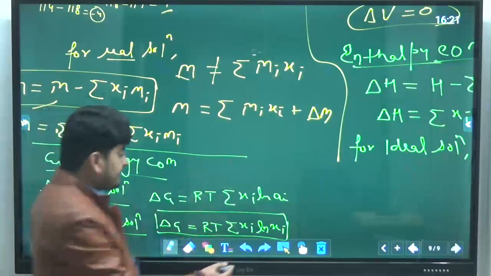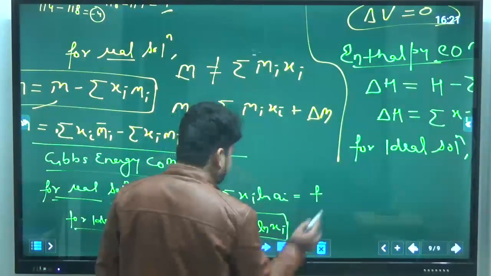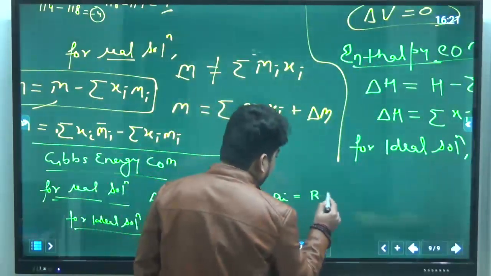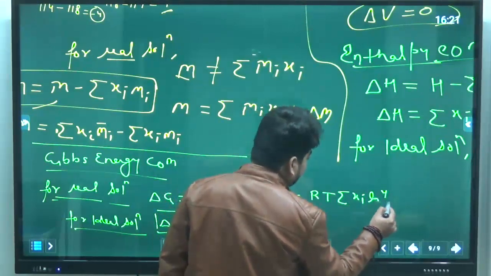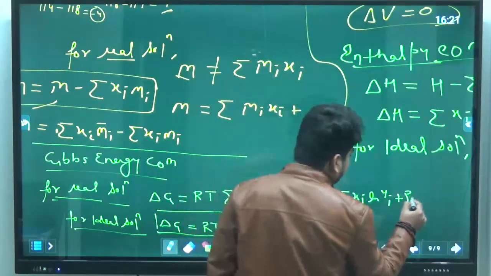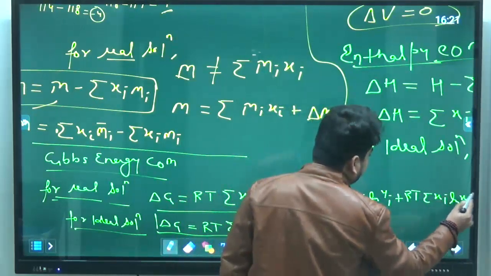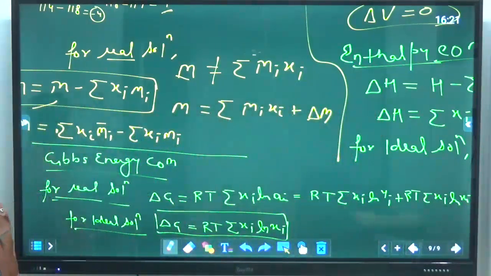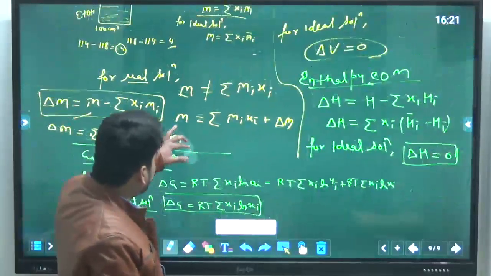And for real solution, Ai will be equal to gamma i into Xi. So you can also write it as RT summation of Xi ln gamma i plus RT summation of Xi ln Xi. Okay, this is Gibbs energy change of mixing for real solution.